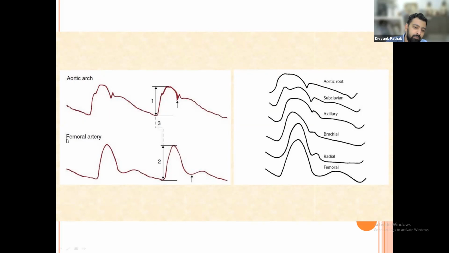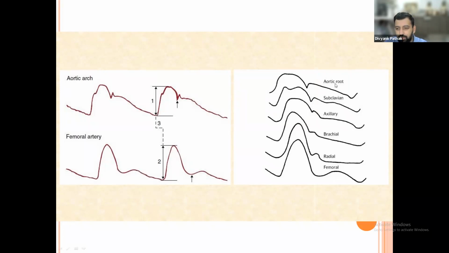But if we go more towards the femoral artery, it becomes steeper. There is a lessening of the dicrotic notch, and there is a slight runoff. Actually, this is the dicrotic notch and this is the runoff. So the dicrotic notch is deepened and slower.